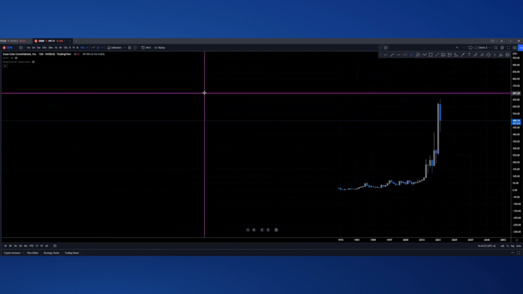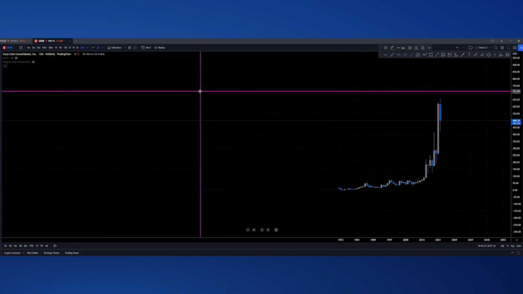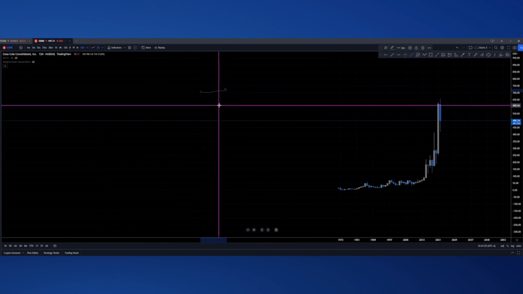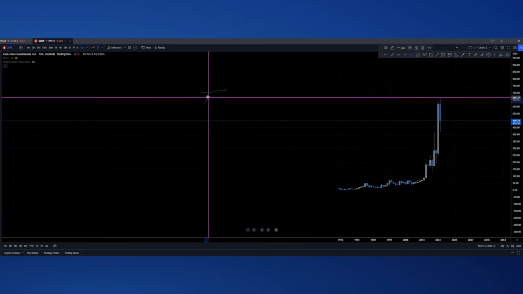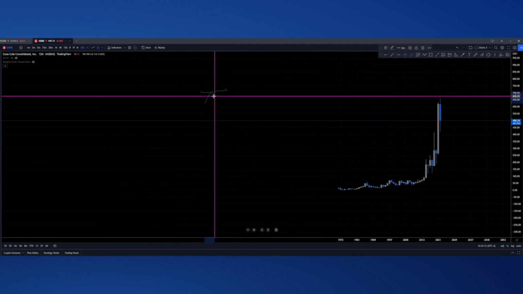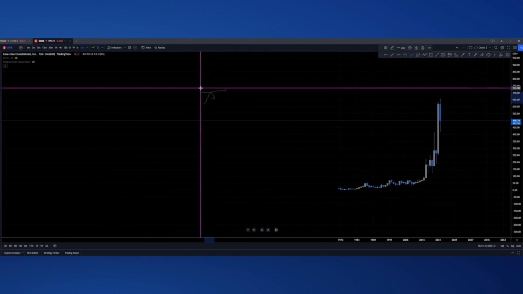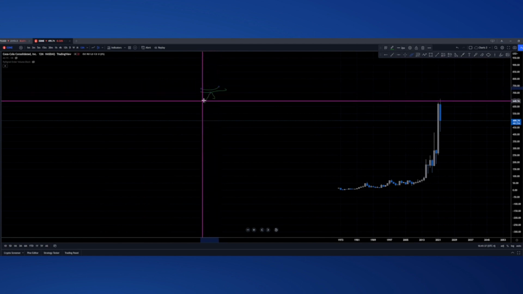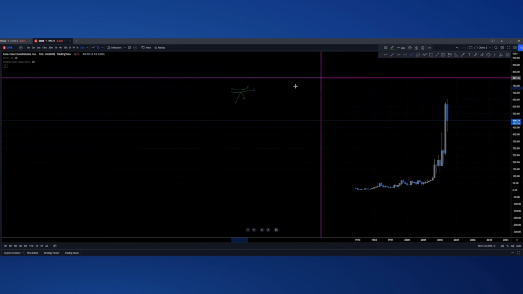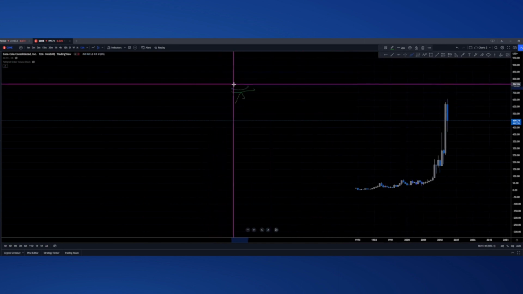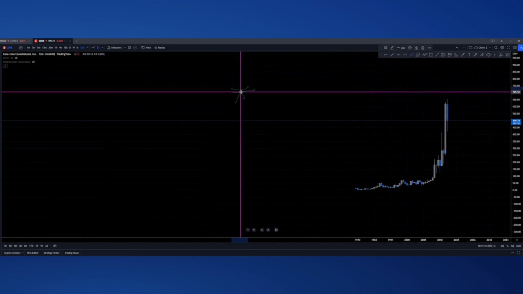So let's say that I enter here. And then the move comes up and it comes down, and then my stop is here. I should be using actual lines, but you get my point. So this works.